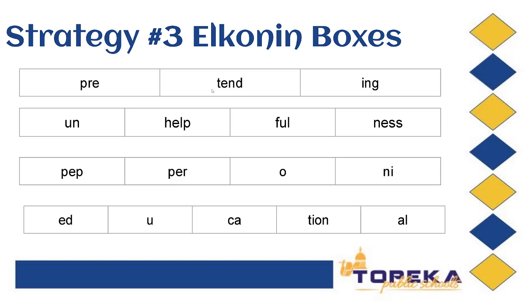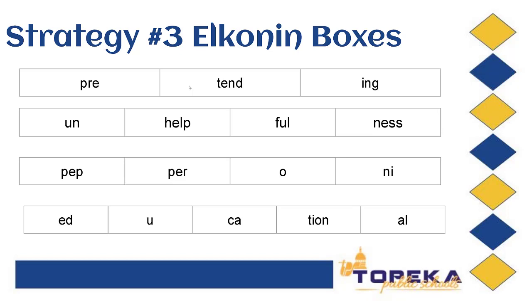So look at the word pretending. If a student was struggling with that word, I might write pre in one box, tend in another, and ing in a box so that students would be blending and realizing that that word has 3 syllables. So this is how we can take Elkonin boxes and apply it at a higher level of phonics.